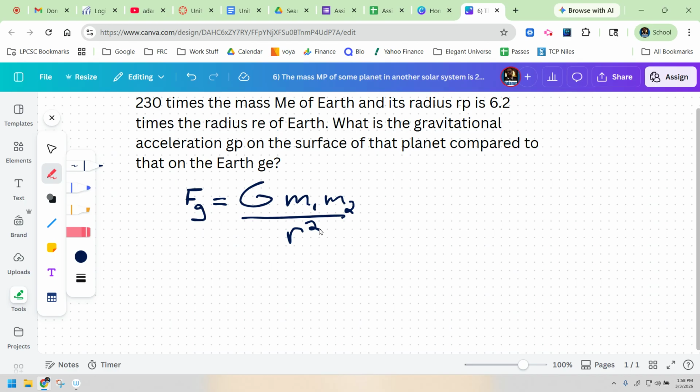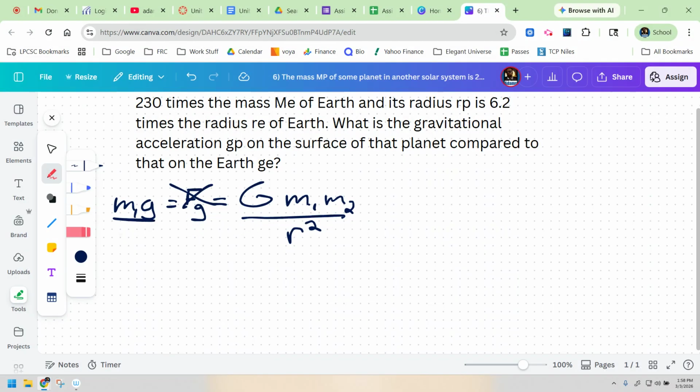We also know that if I replace this F_g, force is just mass times acceleration, isn't it? So I would call this m1 times the acceleration due to gravity, which we call lowercase g. And so you kind of cut out the force, right?